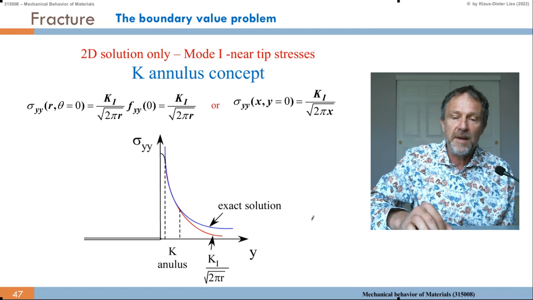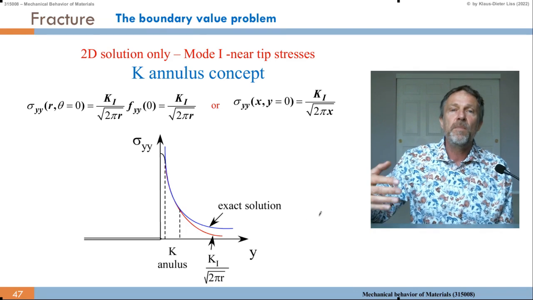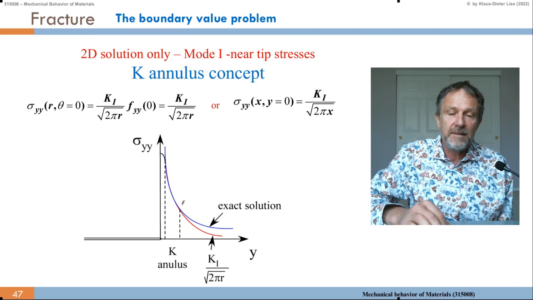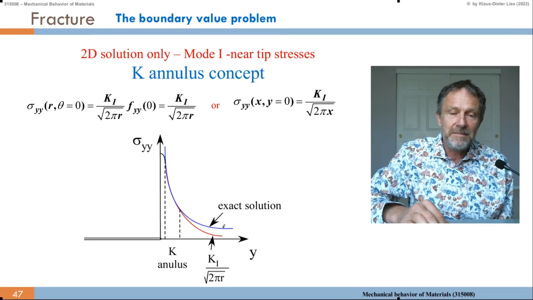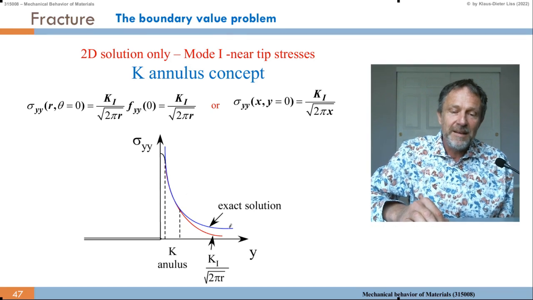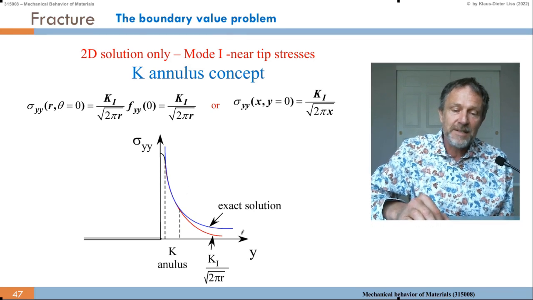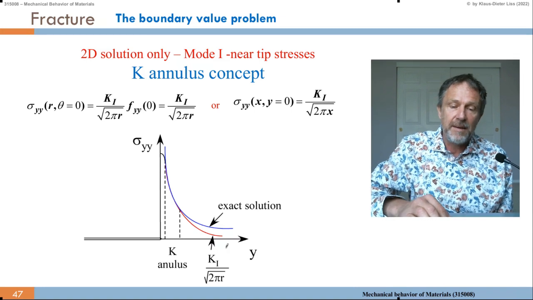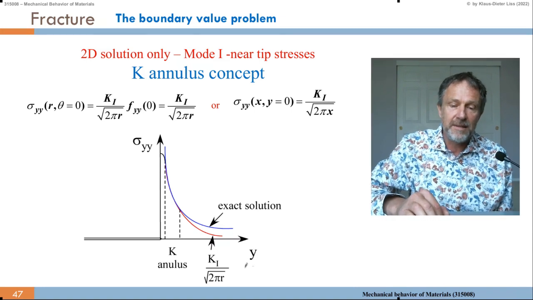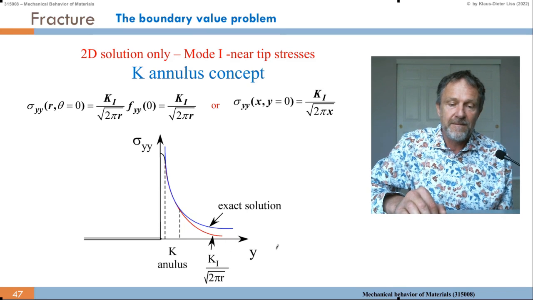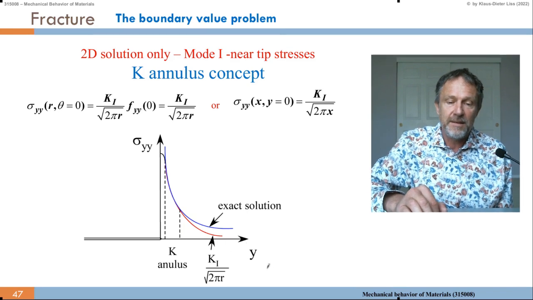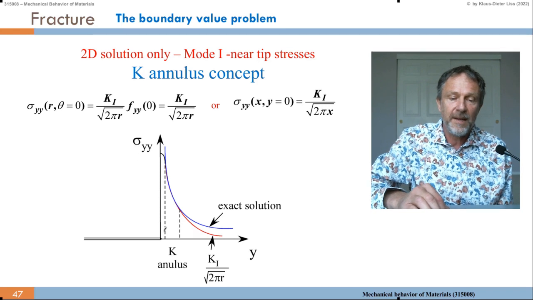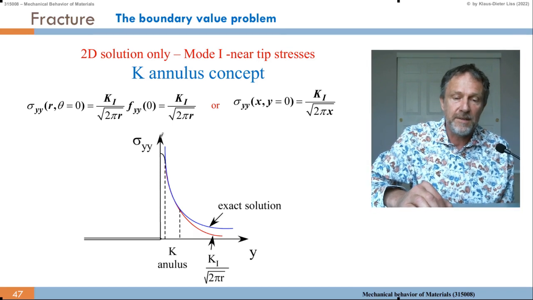If we would do an exact solution, which we can do by finite element methods and so on, we would get something more conservative, or higher stresses at larger distance y from the crack tip here. So this shows you the stress in the y direction and the distance in the y direction, so basically vertical.